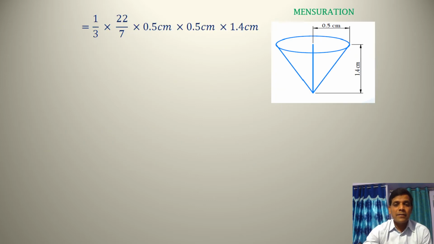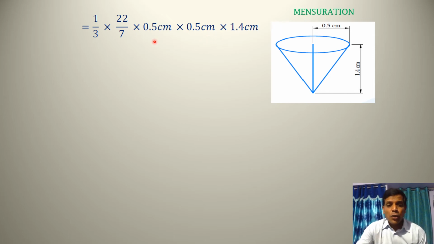Next step: 1/3 into 22/7, that is π, into r squared. The value of r is 0.5 centimeter, so 0.5 centimeter into 0.5 centimeter into h, which is 1.4 centimeters.